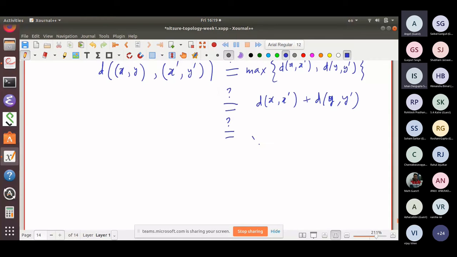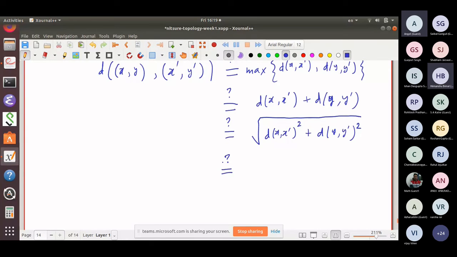It's the 2 norm in R2 of the point which has coordinates d(x, x prime) and d(y, y prime). Have I written your formula correctly? Yes. Has anybody seen anything else?